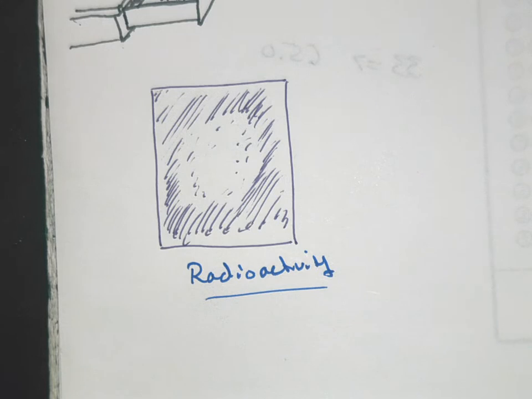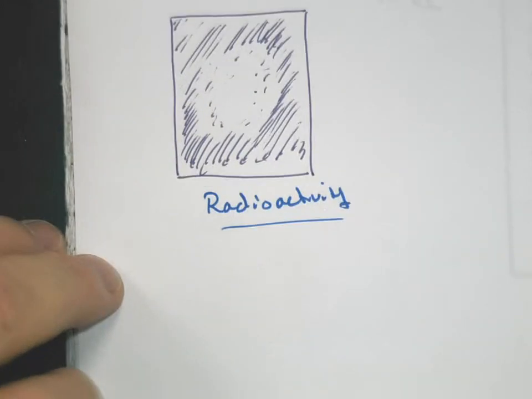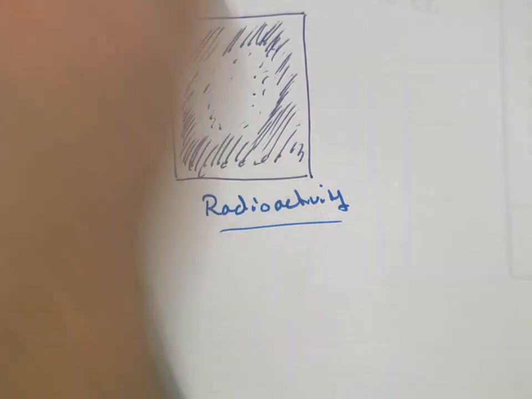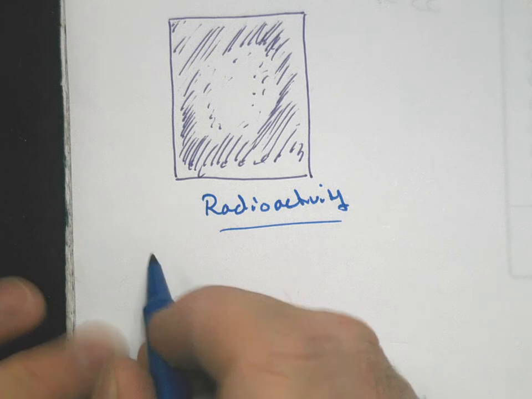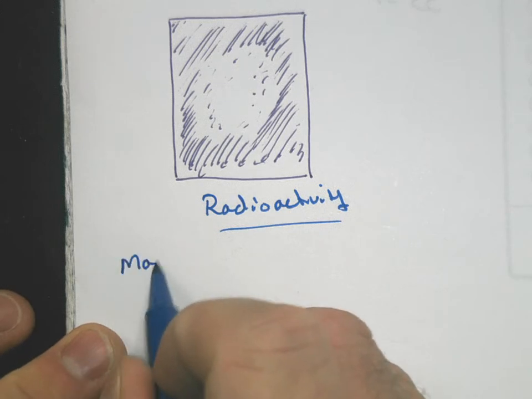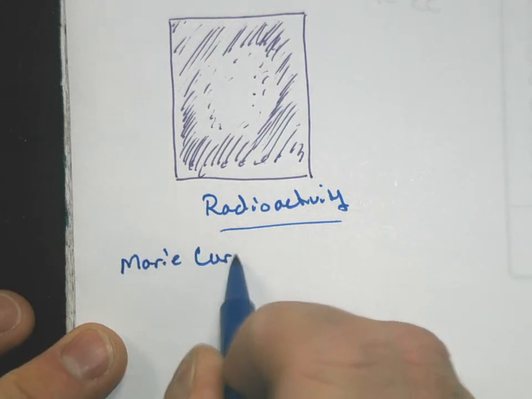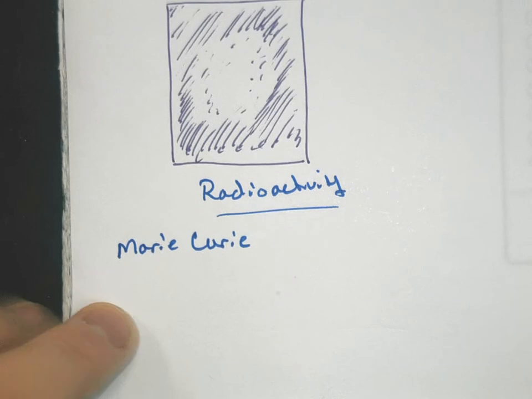All right, so the uranium, these rays, whatever, these radio waves that came off of the uranium that exposed the film, he called radioactivity. And he had a close associate that he was working with by the name of Marie Curie.